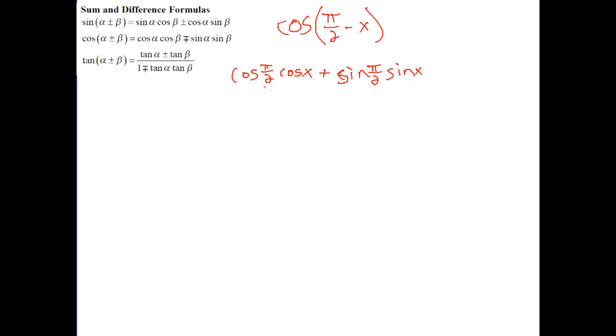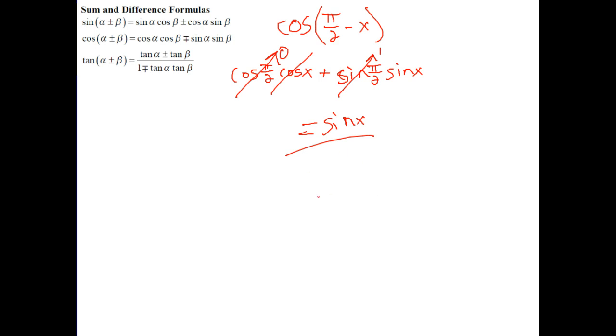What is cosine of pi over 2? That's 0. So that's gone. 0 times cosine, that's gone as well. And what is sine of pi over 2? That's just 1. And so this simplifies to sine of x. This is actually one of our cofunction formulas saying that cosine of pi over 2 minus x is equal to sine of x. So we've just confirmed one of our identities.